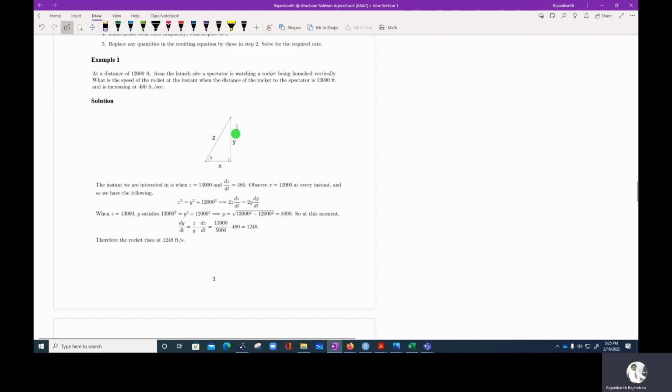So the vertical distance is y, and the horizontal distance is x. At some point, rocket is here. So if you draw a right-angled triangle, we can always find the relationship between z, y, and x by using Pythagoras theorem. So this is the relationship, right?